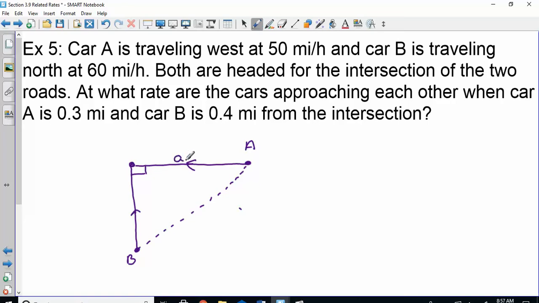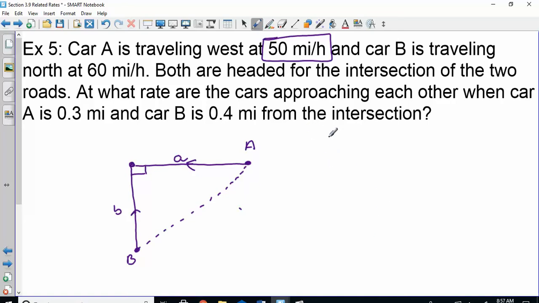Let's call this side A and this side B. What would 50 miles per hour represent? It's a velocity. A velocity is a derivative, right?